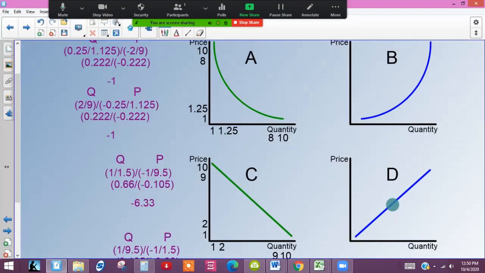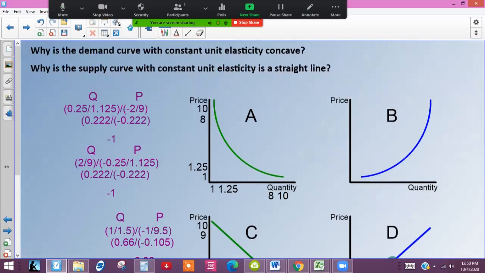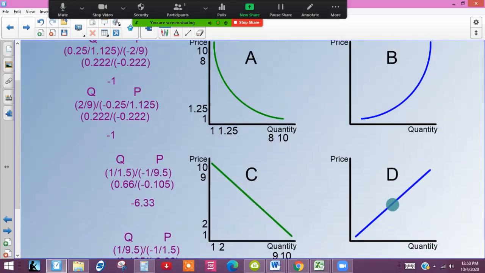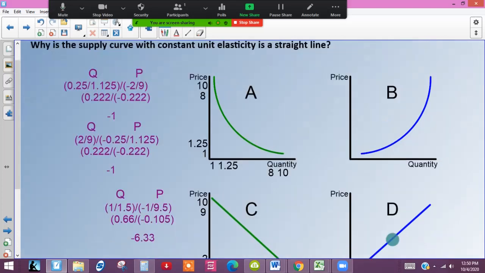So that's what you need to know in order to answer the question that you're going to get on the quiz, okay? And there's some good stuff about this in your book as well. So make sure you have a clear understanding of what a unit elastic supply curve looks like and what a unit elastic demand curve looks like right here, okay?